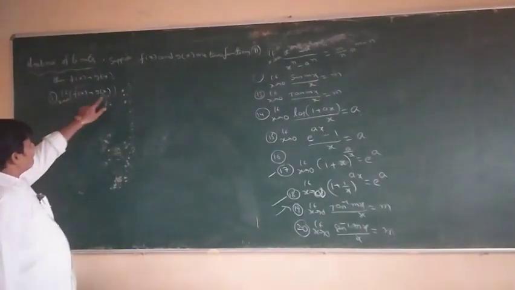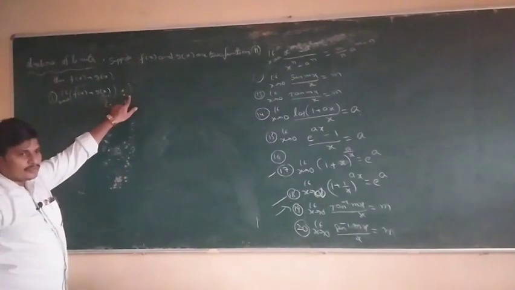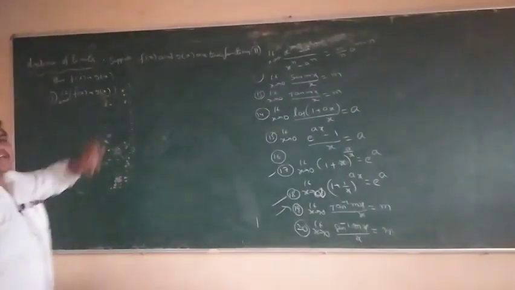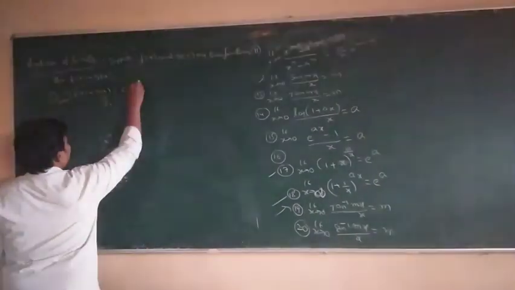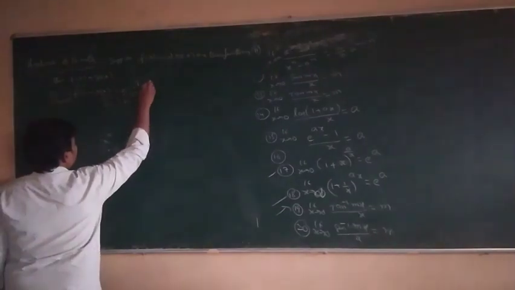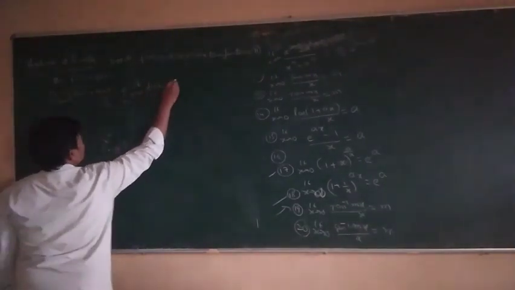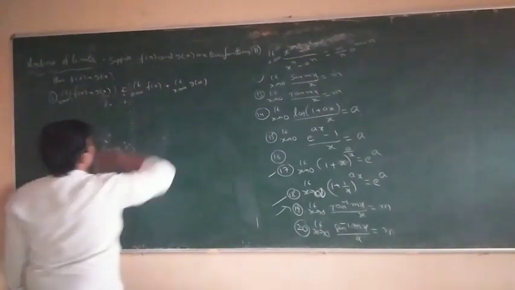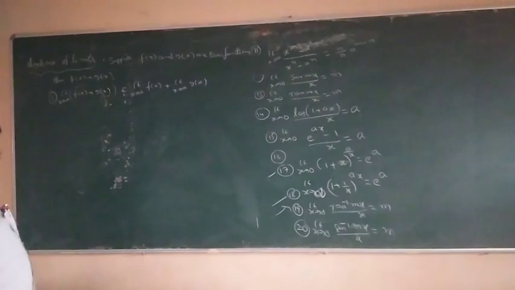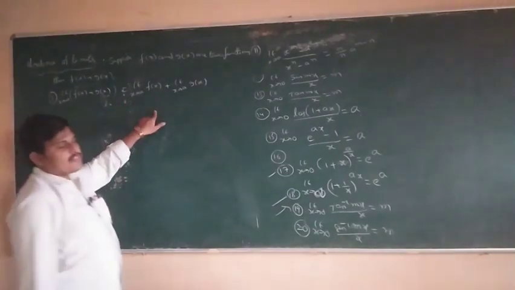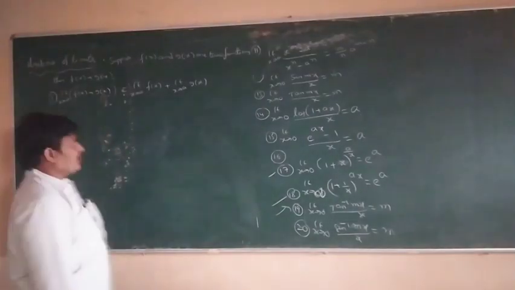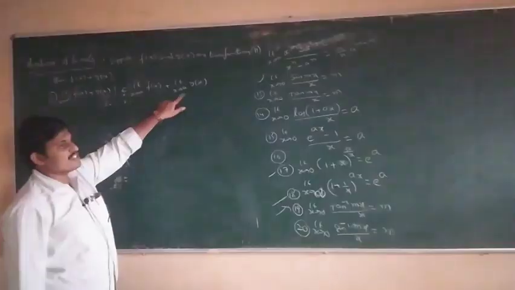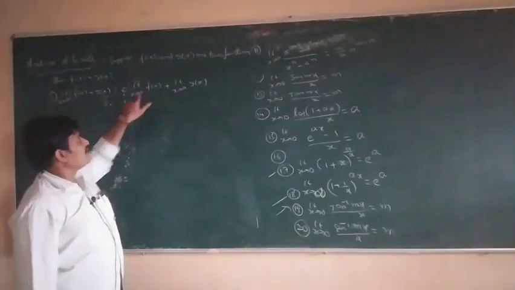Limit of sum of two functions is equal to limit of the first function plus limit of the second function, or is equal to limit x tends to a f of x plus limit x tends to a g of x. Functions are separated by the limits. Each one has the limit.